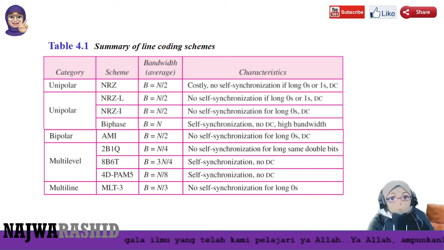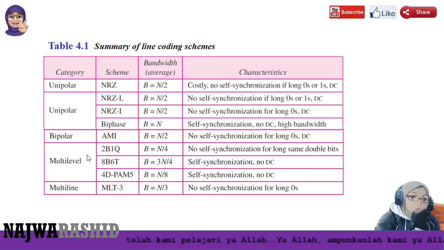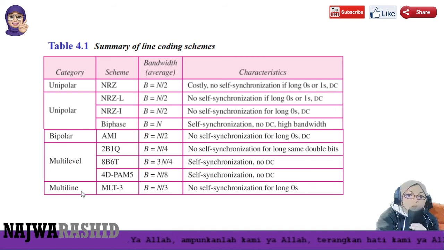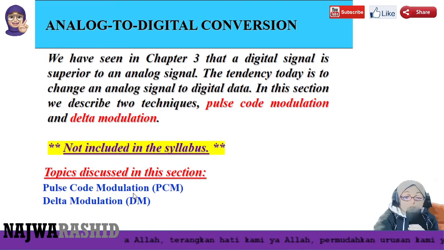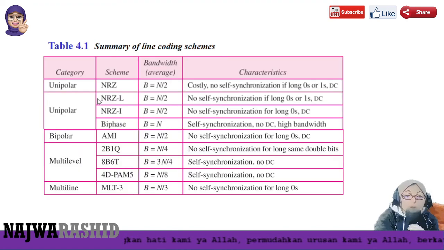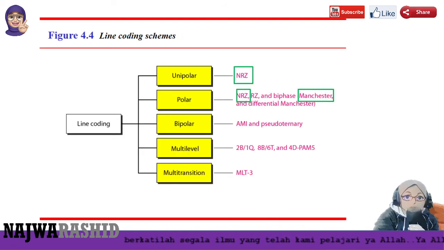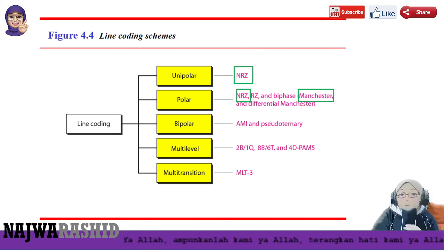This part is about the number of bits. And then we have multi-line MLT-3 transition. But in this topic, we only focus on unipolar NRZ and Manchester. So basically, you should know how to do NRZ and Manchester, how to draw the signal if a bit stream is given to you.